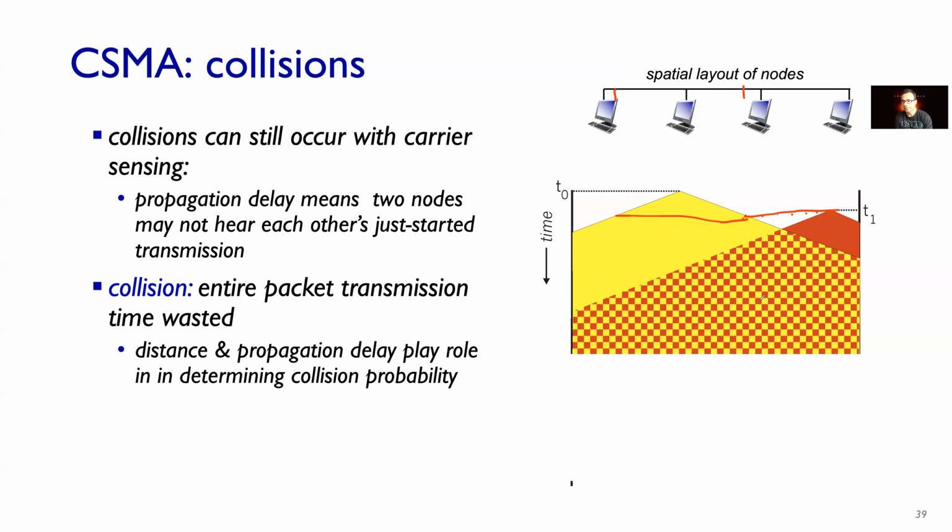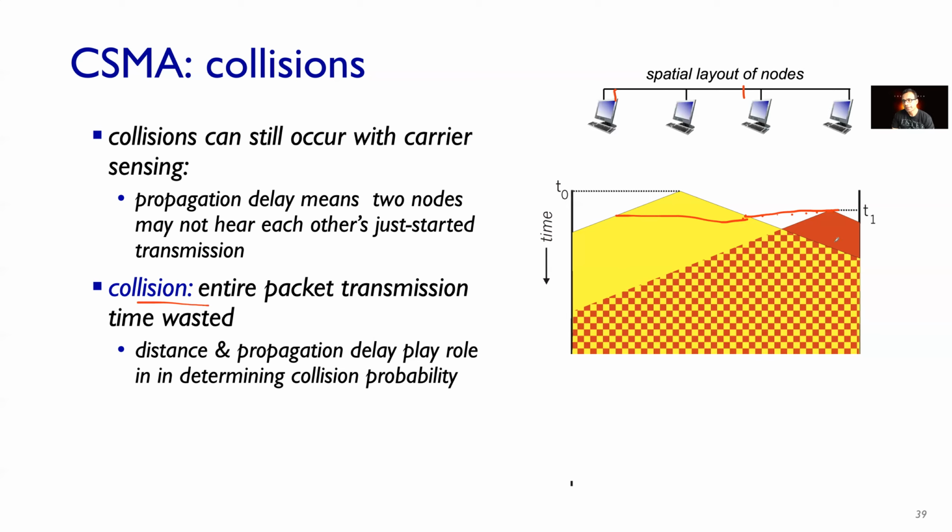The intended receiver, I didn't really say who it is, doesn't matter. The receiver is going to hear both these nodes, which means it is not going to be able to interpret those packets. So this is essentially a collision.